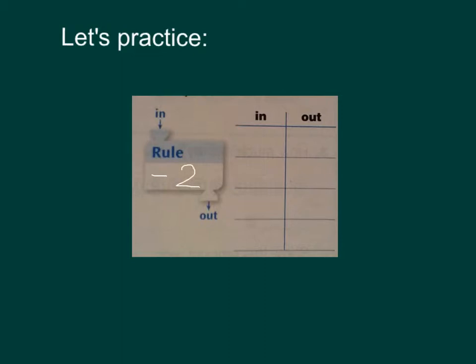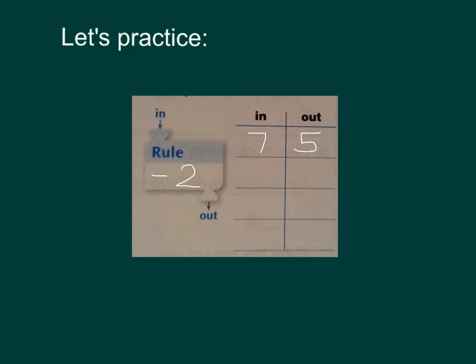Okay, so our first number is going to be 7. So if we put a 7 into our rule box and subtract 2, what number would come out? That's right. 5 would be the number that comes out.